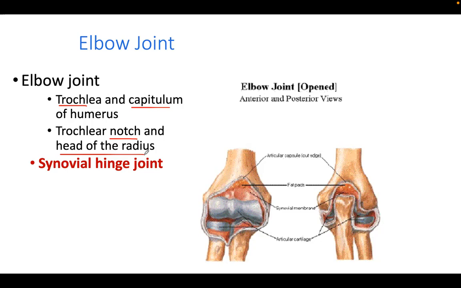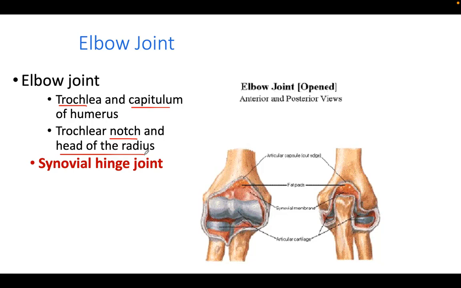What is a classic example of a gliding joint in the hand? We have the wrist. The wrist is a gliding joint.